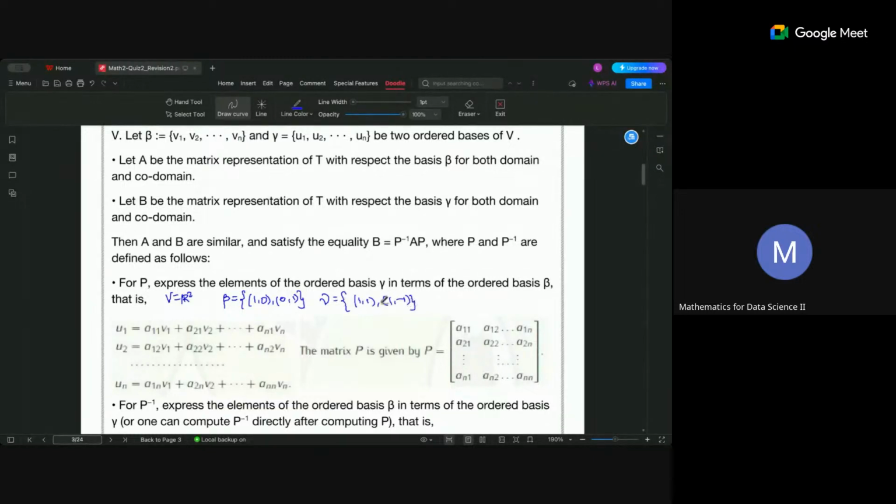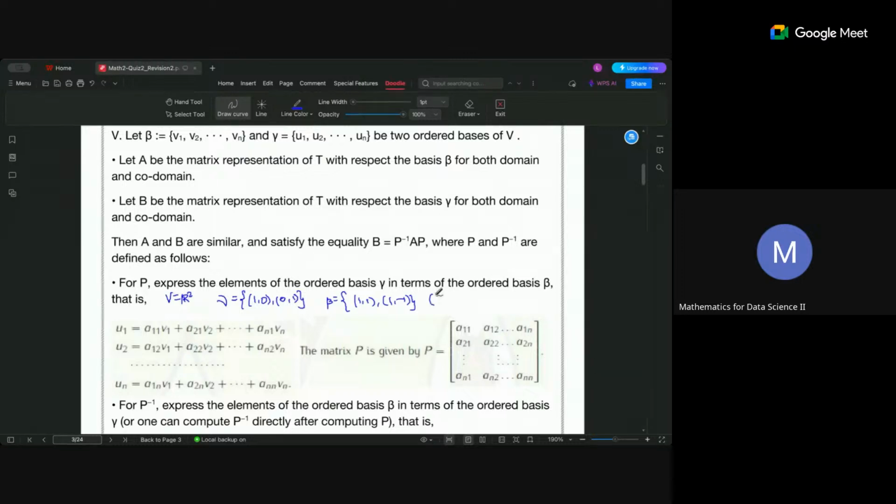Now you have to express gamma in terms of beta. Maybe I will write it in the reverse order. This is gamma and this is beta. Then you have to do some calculations. You have to express gamma in terms of the ordered basis beta. Then what will you do?